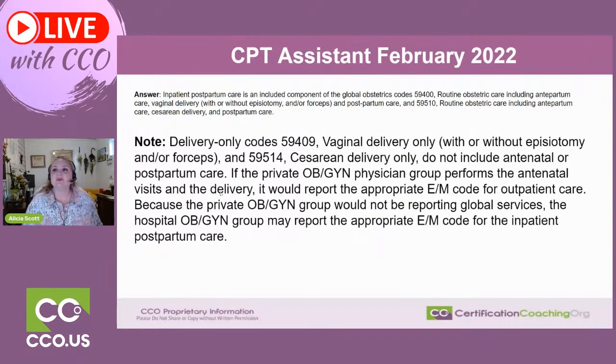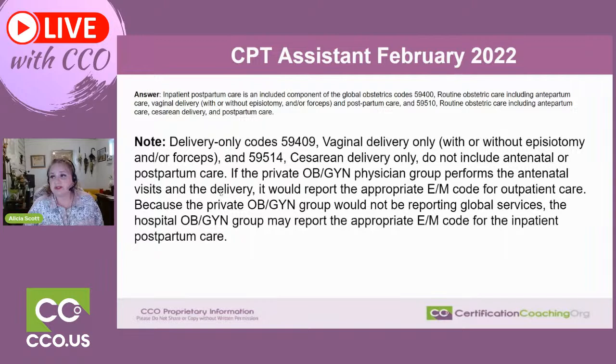All right, there was another question. This was an additional note that came up. This was the same scenario, but this note that I thought was important to put on there said, by the way, if they did a delivery only code, the 59409 for vaginal delivery, and a 59514 for cesarean delivery only, do not include antenatal or postpartum care.